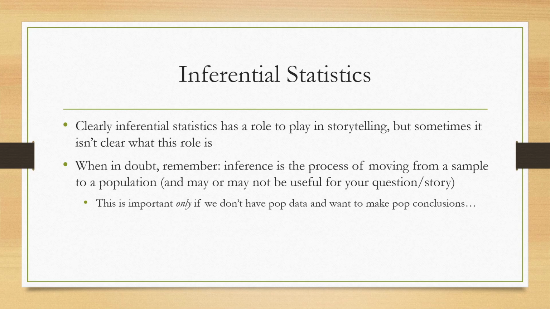If I'm trying to describe a sample and I calculate the mean age or median injury severity score, or I calculate some percentages, the percentage of male and the percentage of female individuals who are in our sample, if I'm just describing the sample and what happened, I don't need to do anything more than that. That's it. If you're just describing what happened, use descriptive statistics. Inferential statistics don't have a place.